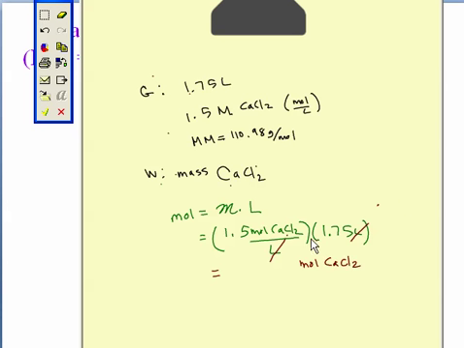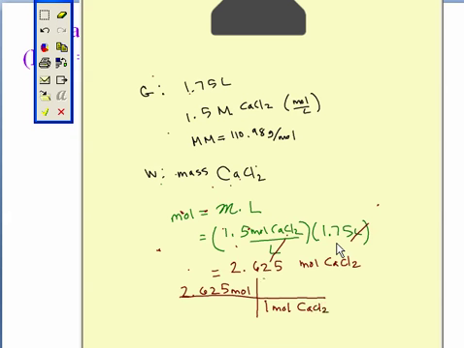And then I multiply these two values together, and I get 2.625 moles. Now I'm not quite done yet because my problem wants to know how many grams I have. What's the mass? So I know I can get from moles to mass using the molar mass. And the slide was nice enough to give me the molar mass.